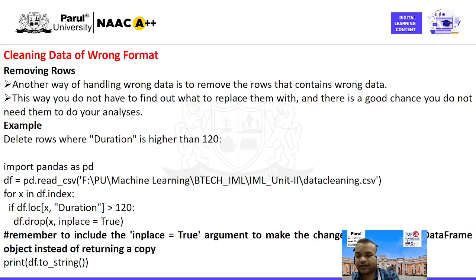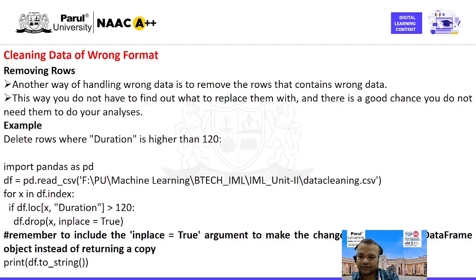Okay, so for example, delete rows where duration is higher than 120. For example, if you have a data set with 10 instances, and in 3 instances you have a value higher than 120 in the duration column.